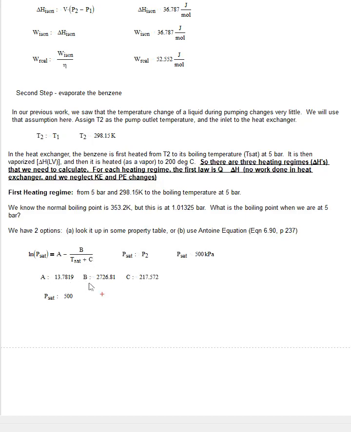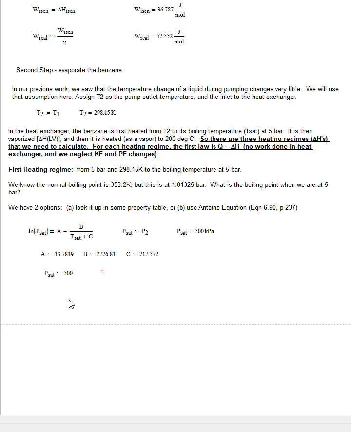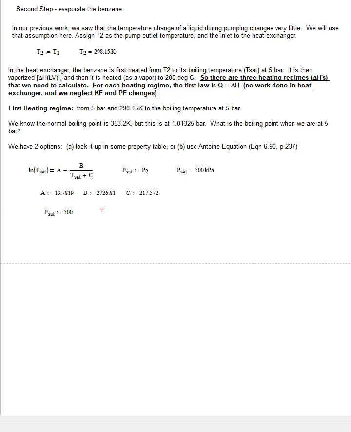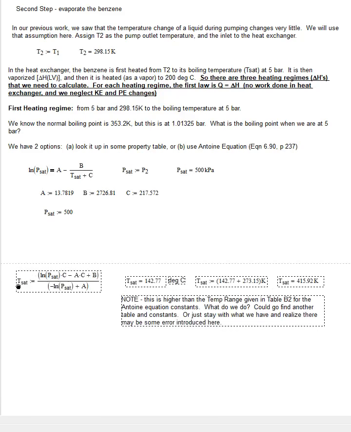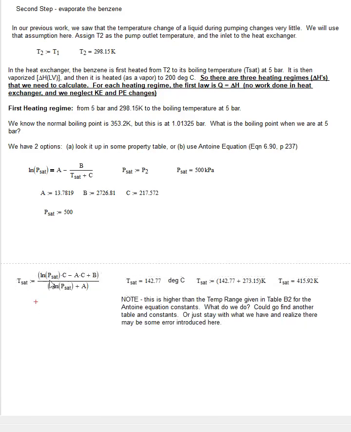So these are dimensionless, and you plug that in. I've set Psat equal to P2, which is 500 kilopascals or 5 bar. What we need to solve for is the temperature, Tsat at 5 bar. I set that equal to just 500, dimensionless, so that MathCAD doesn't think there's something wrong with the units, and then I tell MathCAD to solve for Tsat.